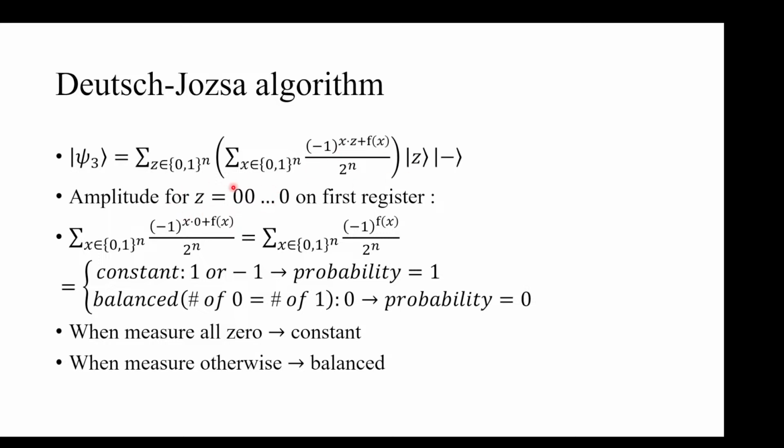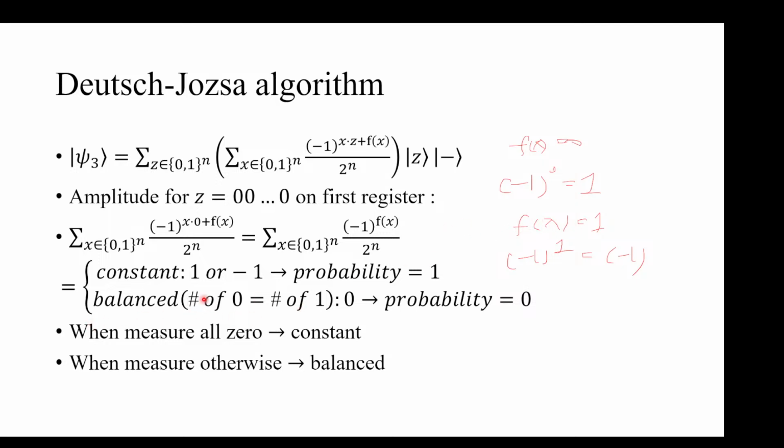So you see that when your function is constant, the probability of measuring the all zero string is 1. And when you have a balanced function, this probability is actually 0. I should write this here: when f(x) is equal to 0, then (-1)^0 equals 1, and f(x) equal to 1, then (-1)^1 equals -1.